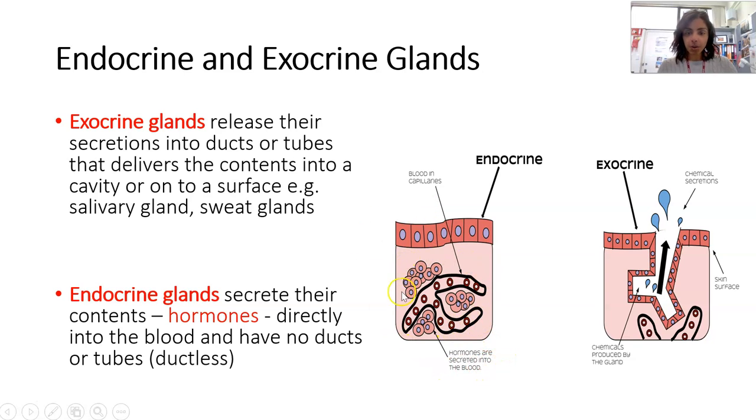So endo means inside. So what we have here, these groups of cells, these are endocrine glands, and what they do is they secrete hormones which travel in the bloodstream, and they travel using that blood vessel network to go to a different place.